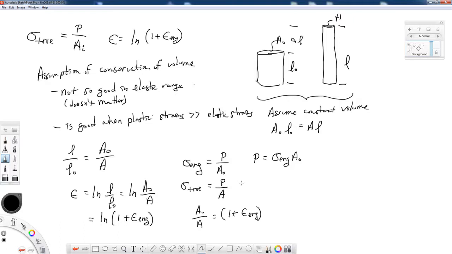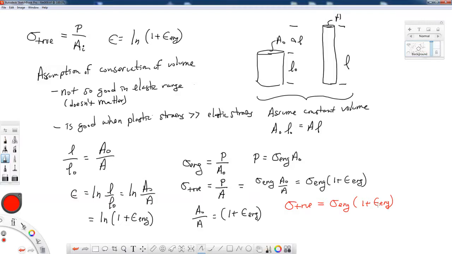And so let's do this now. Our force is equal to the engineering stress times A naught over A, but we just showed that A naught over A is equal to 1 plus the engineering strain. So the true stress in the material is equal to the engineering stress times 1 plus the engineering strain at that particular load level.